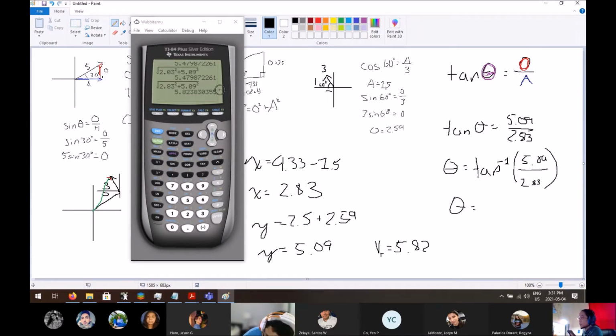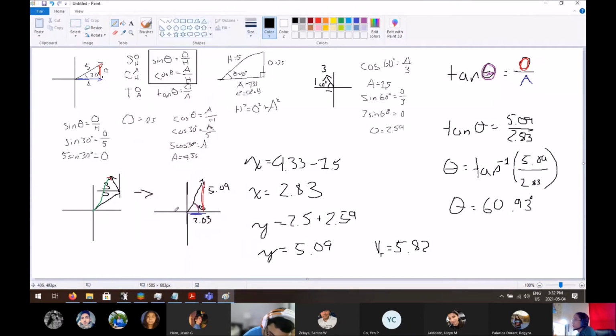So we do inverse tangent of 5.09 divided by 2.83, and that would be 60.93 degrees. So you have your two components that you need, and you see that is approximately 60 degrees. Any questions?